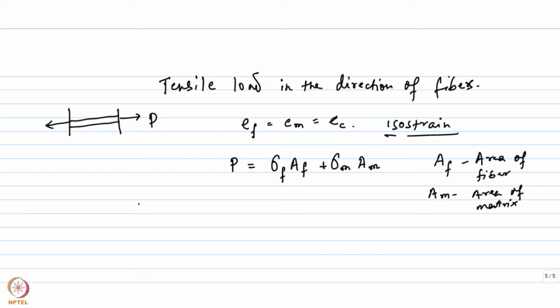And the composite stress sigma C will be given by the load divided by the area of the composite AC, where AC is the sum of AF and AM.